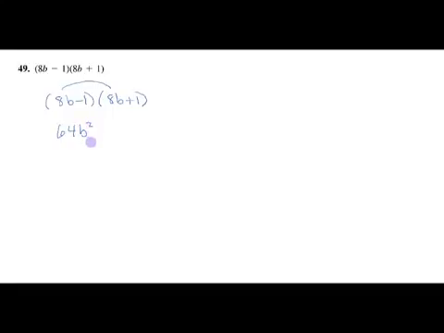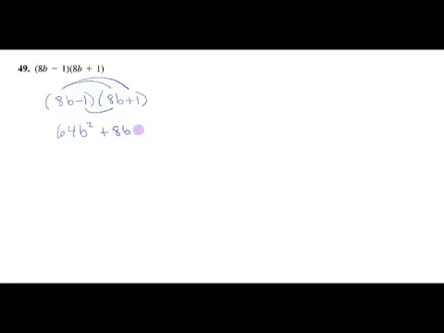8b minus 1 times 8b plus 1. A FOIL problem. Again, a binomial times a binomial. So 8b times 8b is 64b squared. 8b times 1 is positive 8b.